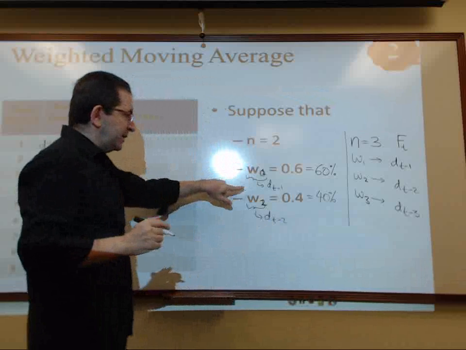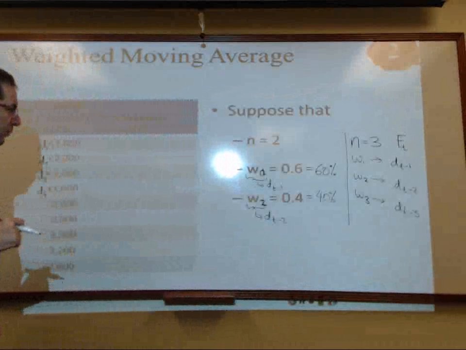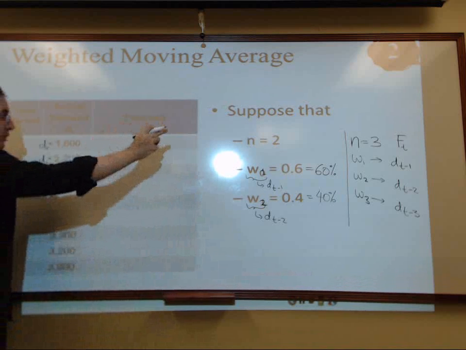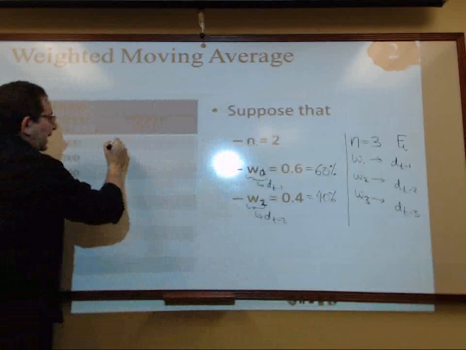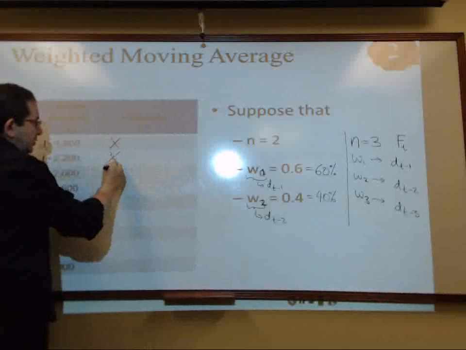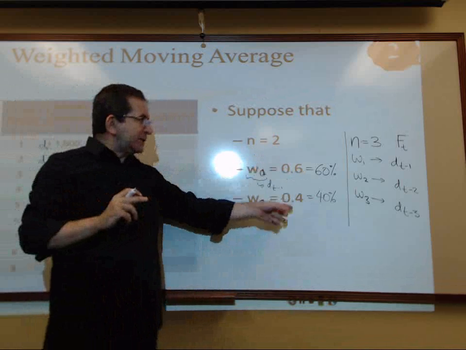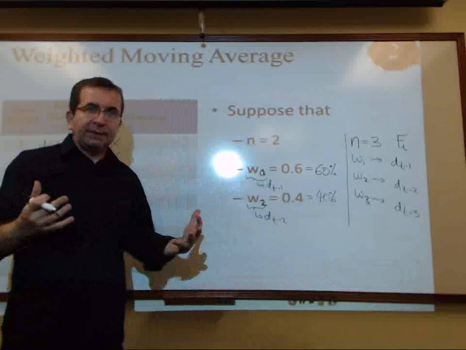So what is the forecast going to be like? First of all, I cannot generate a forecast for period 1 and period 2. I can start at period 3. Before I forget, these weights have to add up to 1.